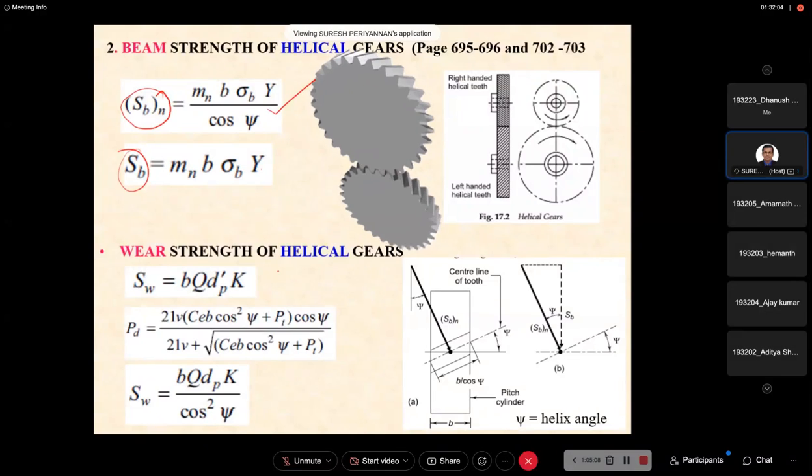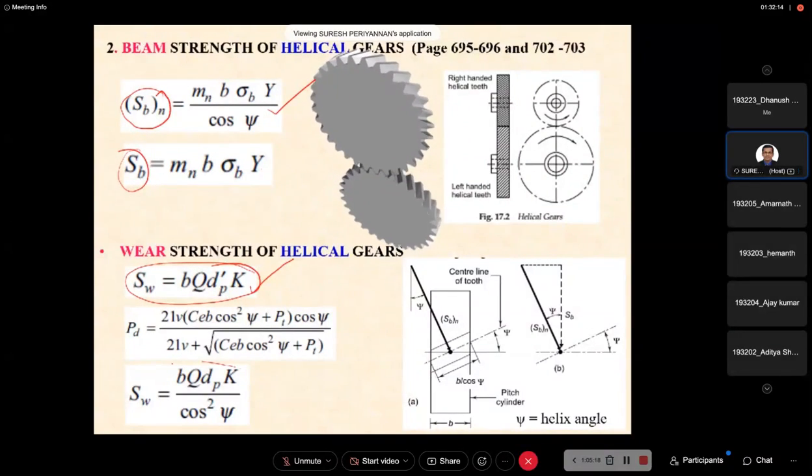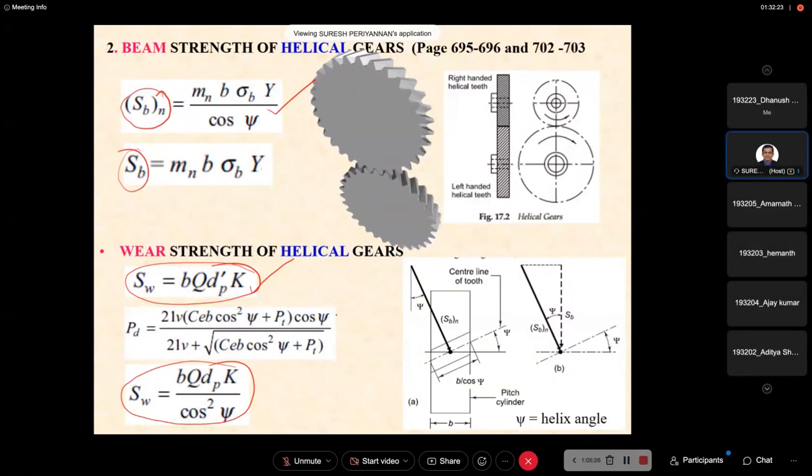Now this is the wear strength. Whatever we discussed for spur gear is then extended to helical gear as wear strength: BQ into dP K by cos squared psi. This is our dynamic load capacity.